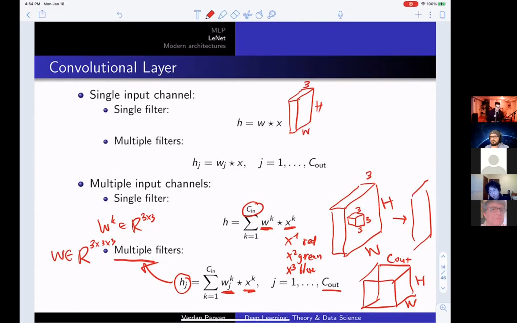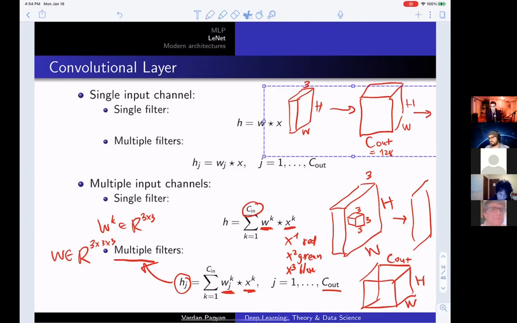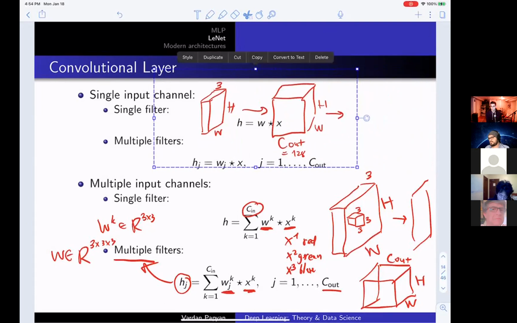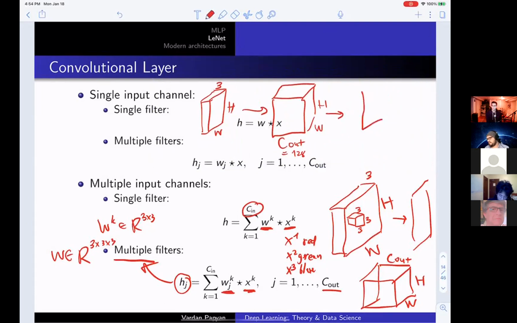And then we applied a convolutional layer, and we got a 3-dimensional tensor, which is, let's say here we have C out, which is, I don't know, 128. So this is still width and height. Now you can apply a convolution again on this 3-dimensional tensor and get a new 3-dimensional tensor.